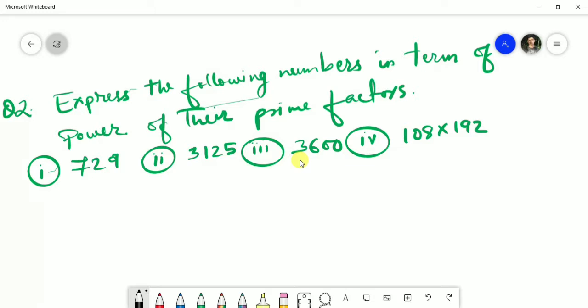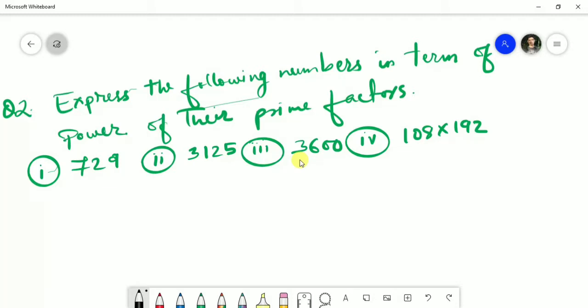If I see some numbers, not all, I know the answer without solving, because I have been doing this for a long time. But I'll not follow that. I'll show you everything from the beginning, how to find the answer properly.